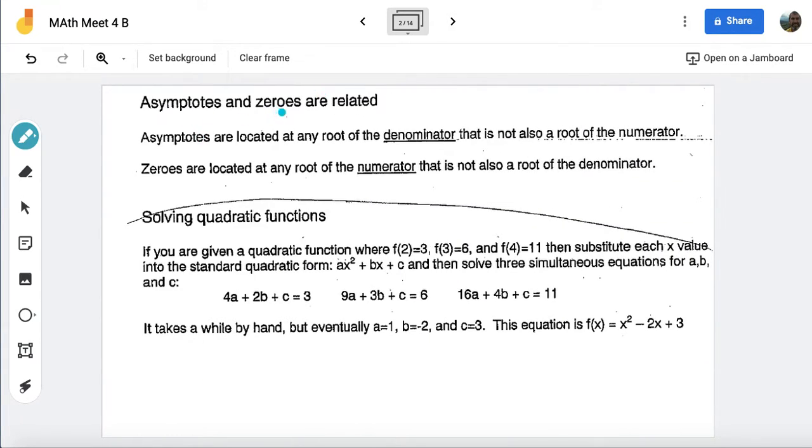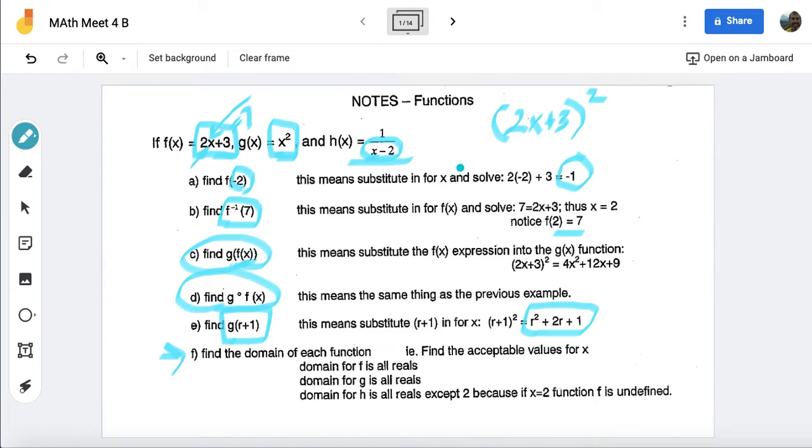The asymptotes and zeros are related. Asymptotes are located at any root of the denominator that's not also a root in the numerator. So like here, where x equals 2 would create an asymptote.